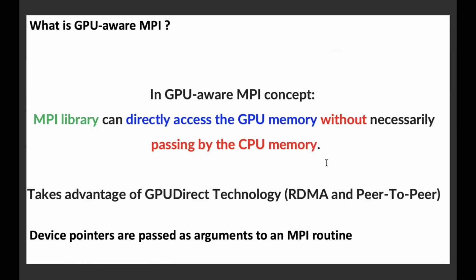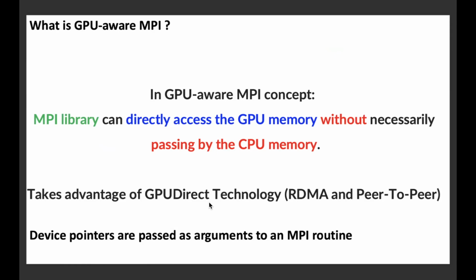That's really the main idea behind it. And the interesting aspect of this concept is that it happens not only within a single node, but it also does the optimization across multiple nodes. Here it takes advantage of the GPUDirect technology that has been developed by NVIDIA. So that's briefly what GPU-aware MPI is.